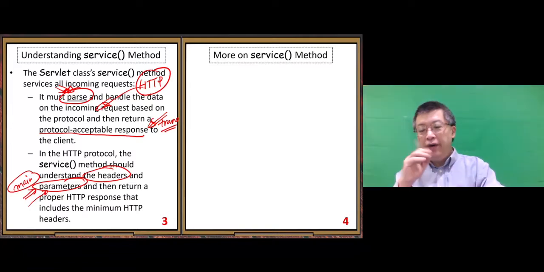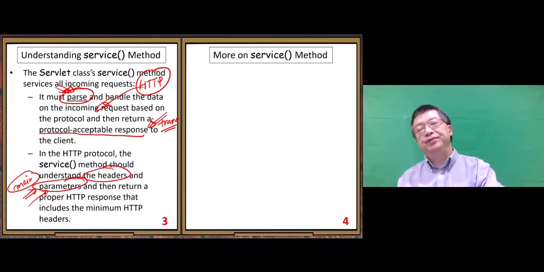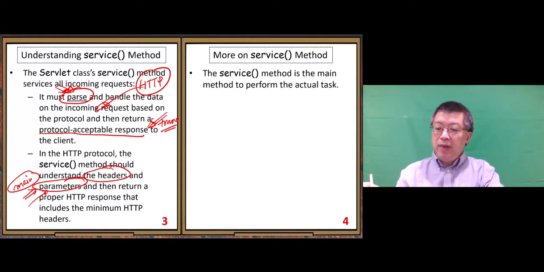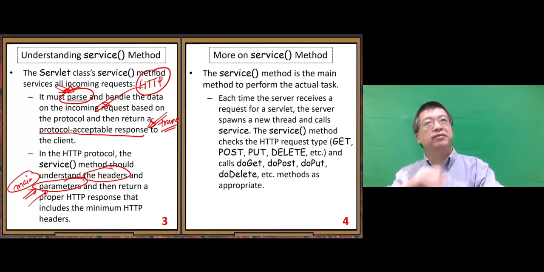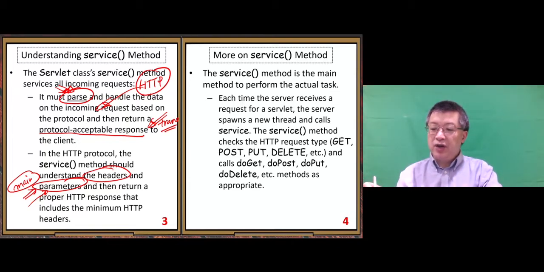So that's the basic thing. But let's look at a little more detail for the service method, the main method that performs the actual task. What does it usually do? Each time the server receives a request for a servlet, the server spawns a new thread.